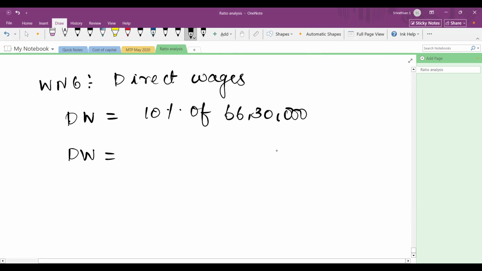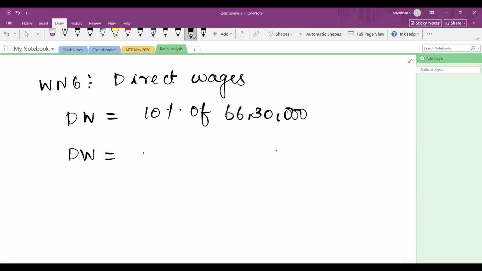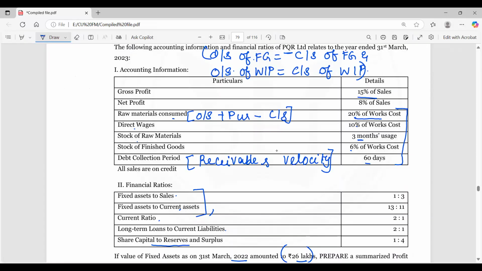See, let me finish all these things. While preparing P&L, you will understand why raw material consumed is given. So how much do we get? 66 lakh 63,000.